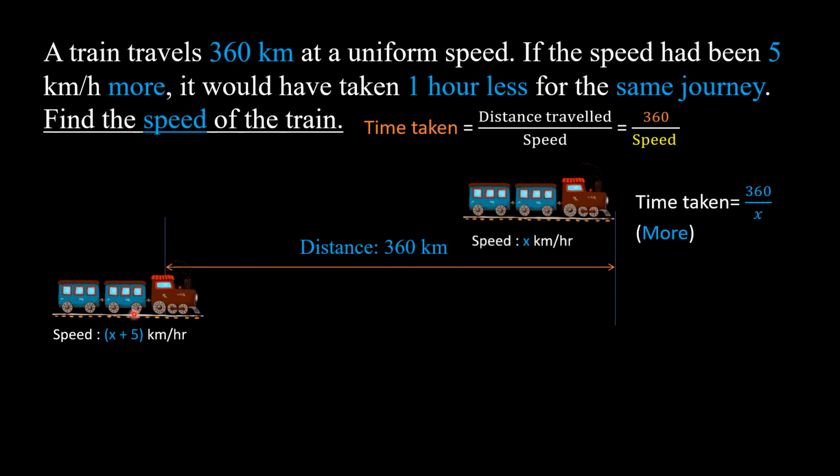Now consider the other case. The train has increased its speed by 5 kilometers more. So initially its speed was x kilometers per hour. Now its speed will be x plus 5 kilometers per hour. So the train is going to move faster.